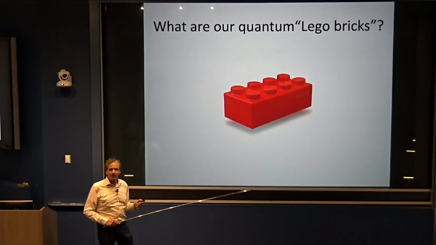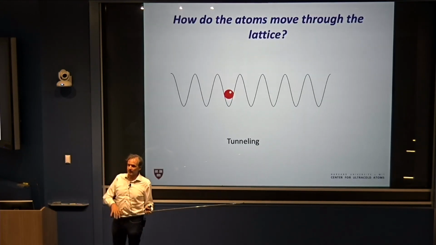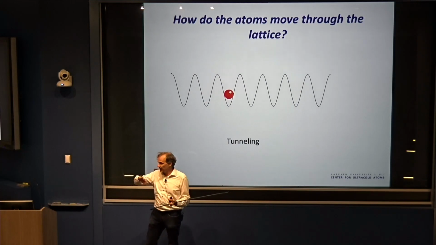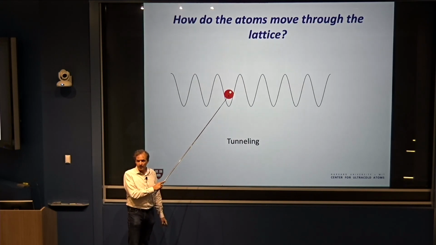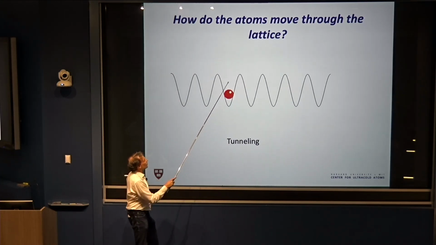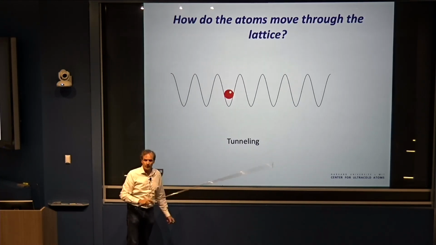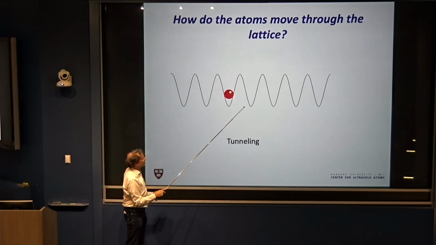Let's start with a single brick, a single atom, okay? How does an atom move in this optical lattice, in this potential landscape that we form by light, right? Classically, it couldn't move at all if it is at rest here, or if it is in the lowest possible energy state. You would have to heat it up for it to hop over the well. But quantum mechanically, the atom can tunnel through the lattice site.